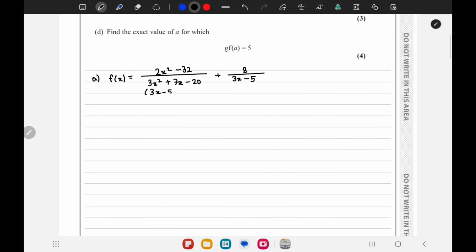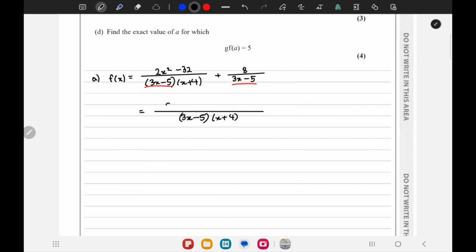So 3x minus 5 times x plus 4. So we'll write that down over here. So 3x minus 5, x plus 4. So this and this is common. We can take a common denominator, 3x minus 5 times x plus 4.